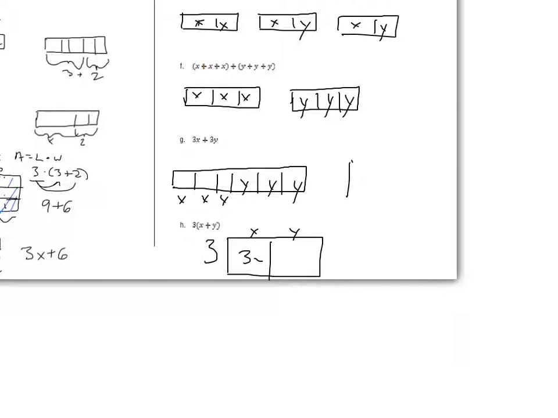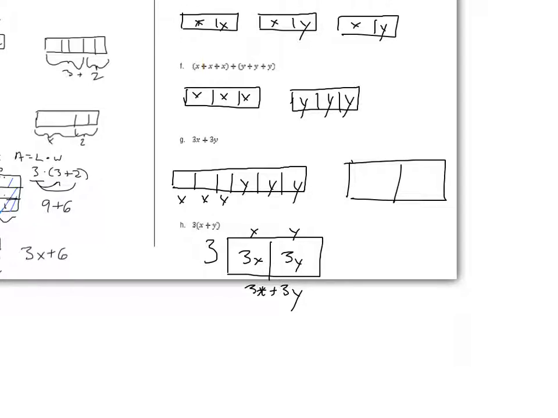So this would be 3x and this would be 3y. So we can see that's the same thing, 3x plus 3y, as this model over here could be modeled the same way. So we can see that sometimes these area arrays can help us kind of determine the different ways to model various different equations.